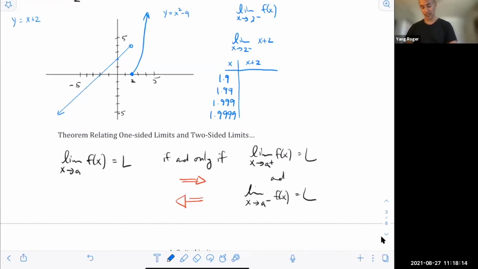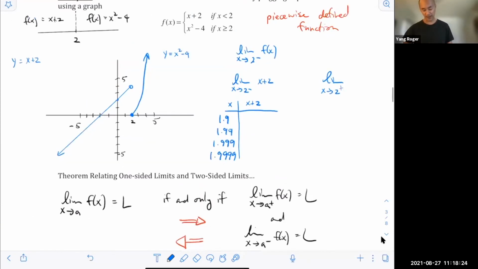Let's take a look at what happens if I come from the right. So if I take the limit as x approaches 2 from the positive side. And now, if I'm coming from the positive side of 2, how do I describe my function? Well, the positive side of 2 would be this x squared minus 4, right? So I'm going to put an x squared minus 4 there.